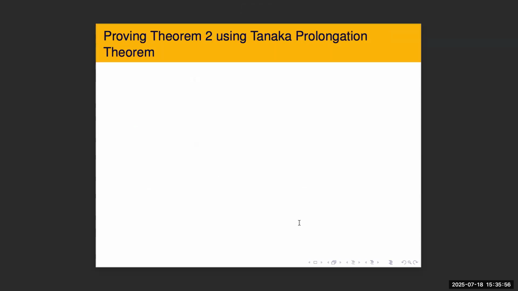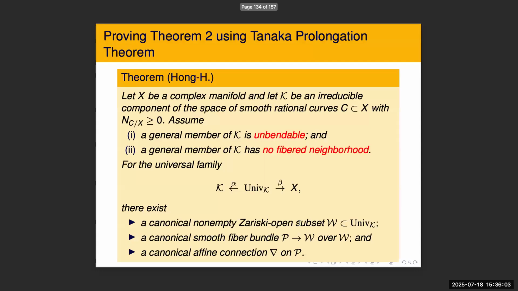Now, let's see whether we can use Tanaka prolongation theory to prove our theorem 2. So this was our theorem 2. We are given a complex manifold with a family of rational curves with these conditions on the unbendable, no fibered neighborhood.